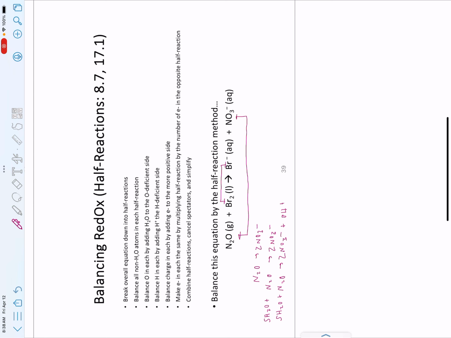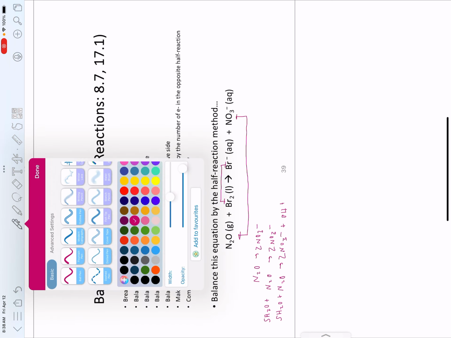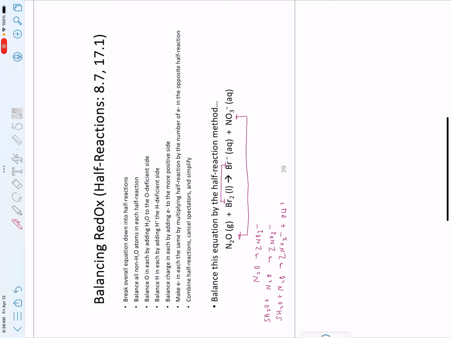My total charge on this side of my reaction, I've got 5 things with a 0 charge and 1 thing with a 0 charge. My total charge on this side is 0. My total charge over here, I've got 2 minus 1s, and I've got 10 plus 1s. 2 times minus 1 plus 10 times plus 1 equals plus 8. So the total charge on the right-hand side is plus 8.